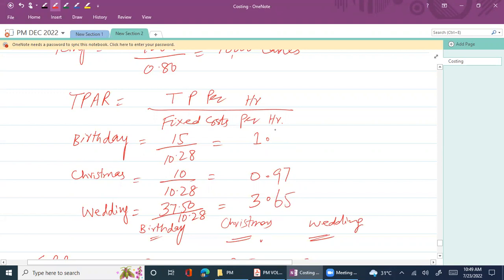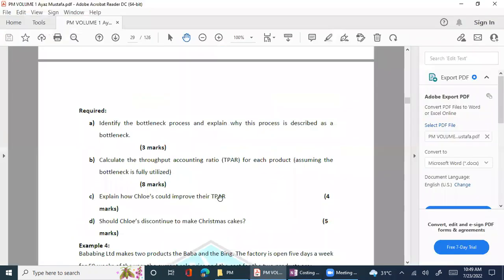So if we look at these three, 1.46. So this ratio is in times. You can use the word times, but if you do not use the word times, no matter, you will get the equal marks. So this is the throughput accounting ratio. Our question was to calculate the throughput accounting ratio.